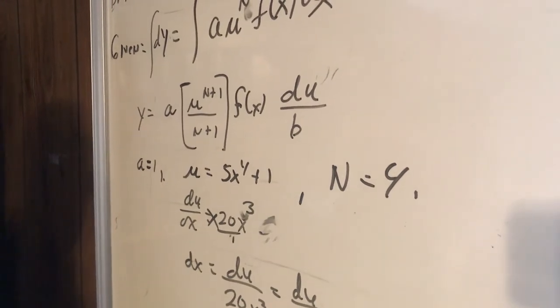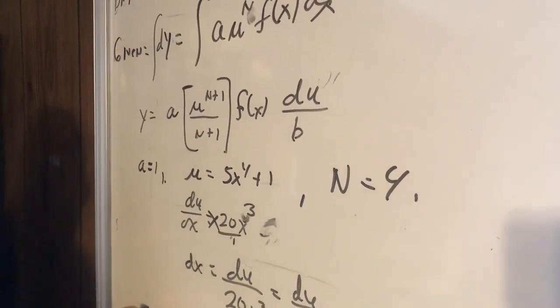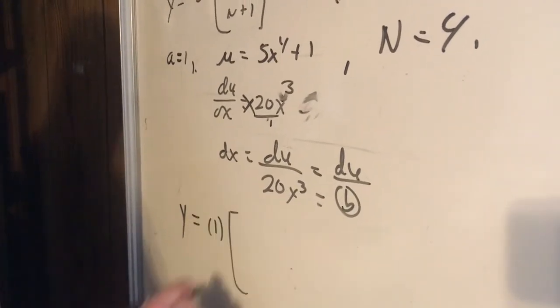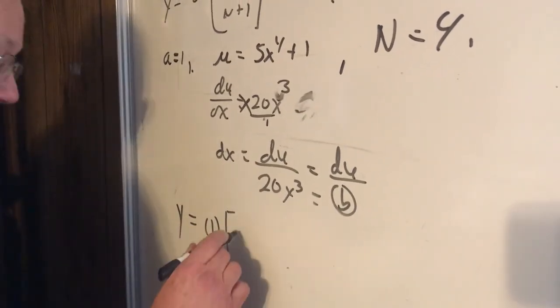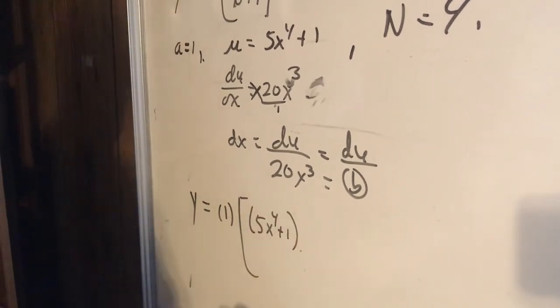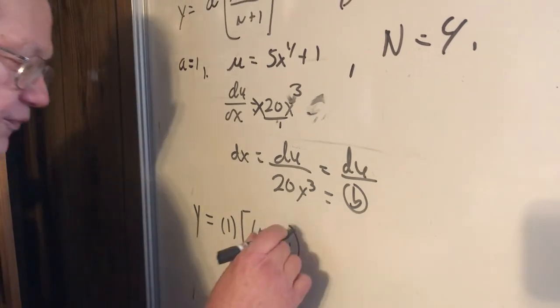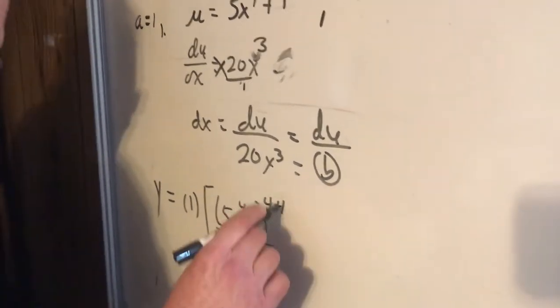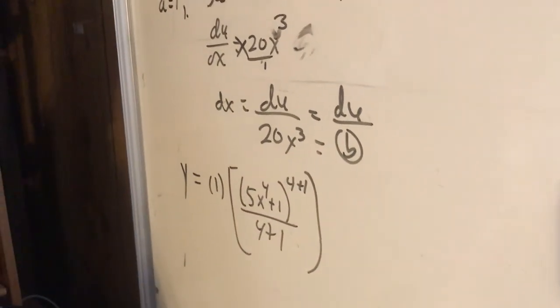So let's put this in here. y equals a is 1. u is 5x fourth plus 1. n is 4. 4 plus 1 over 4 plus 1. f of x is what?